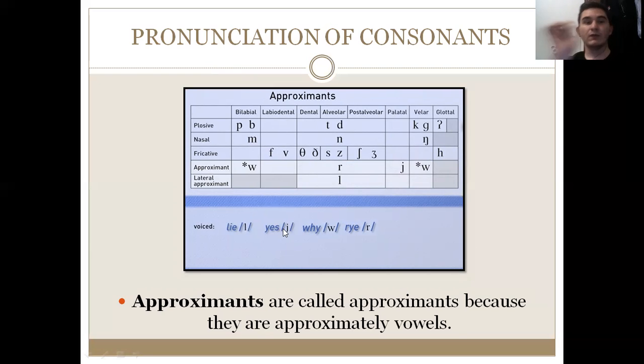When you say e and you open your mouth, that e transforms into a y sound, as in yes or yod. So if you were to look at how they are pronounced, we would say l as in lie, y as in yes or yod, w as in why, or r as in rye.